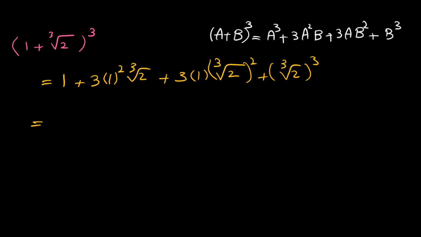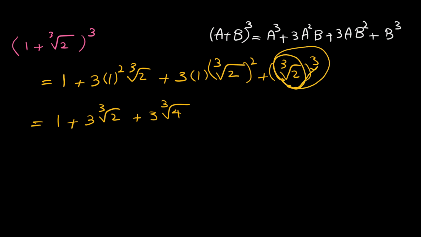Now let's simplify. We have 1 plus 1 to the 2 is 1. 1 times 3 is 3. So we have 3 cube root of 2. Then we have 3 cube root of 4, because 2 to the power of 2 is 4. 3 cube root of 4. And finally, what is this? Cube root of 2 to the power of 3, because this 3 and this index are the same.